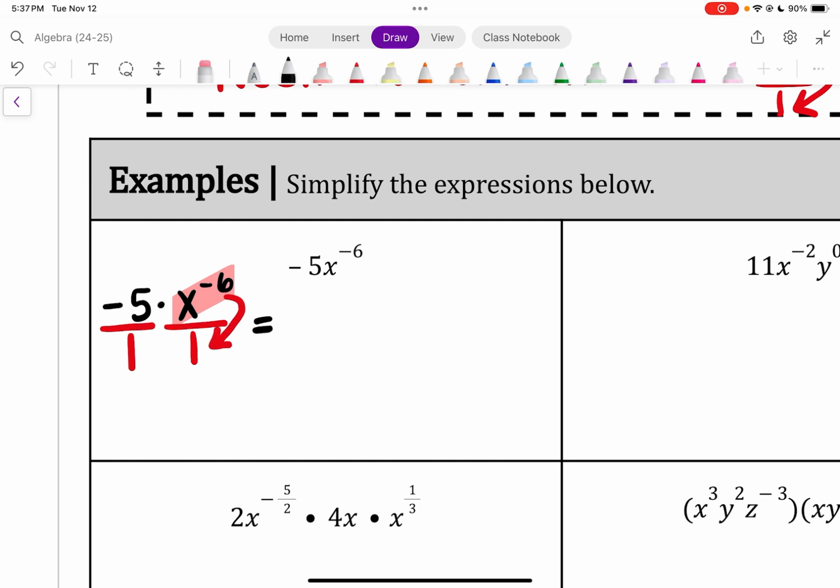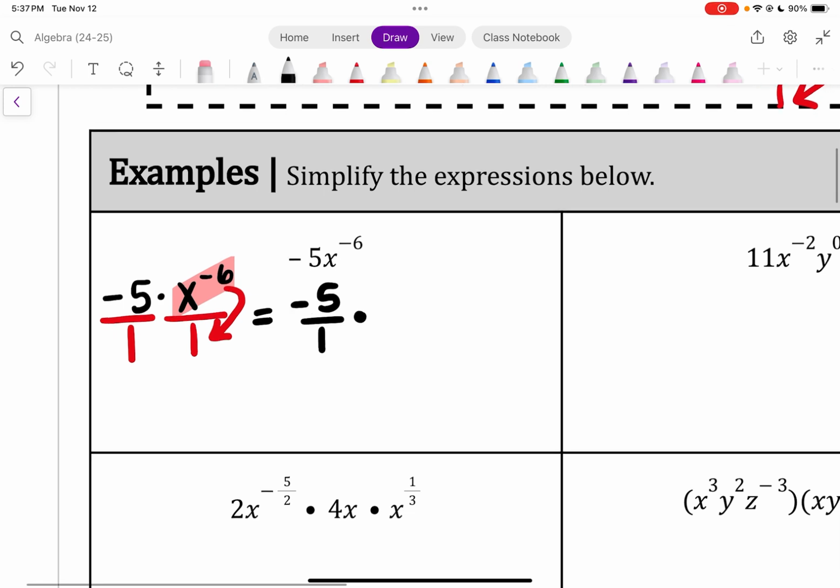Leaving negative 5 over 1 as a fraction, but we flipped our negative exponent and our fraction, so now it is x to the 6th in the denominator. The x to the negative 6 became x to the positive 6 because we flipped that mood.